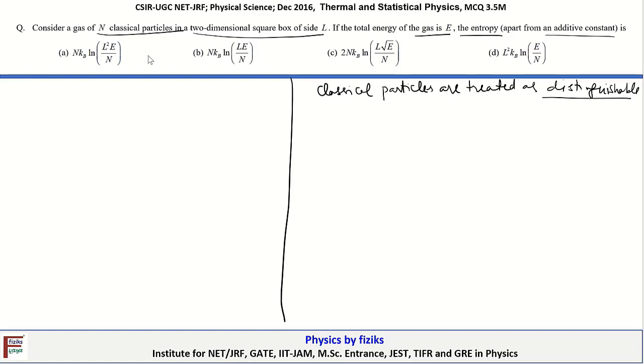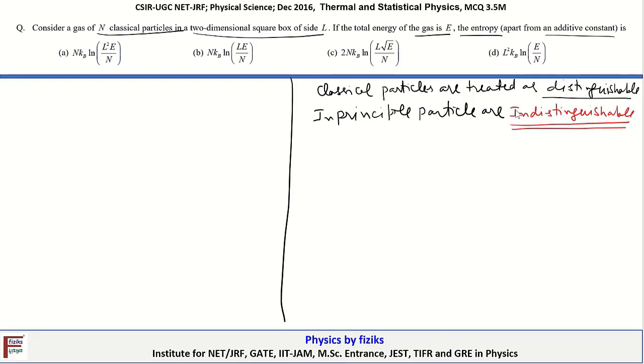So in principle, particles are indistinguishable, and this has an important consequence on the evaluation of the partition function.